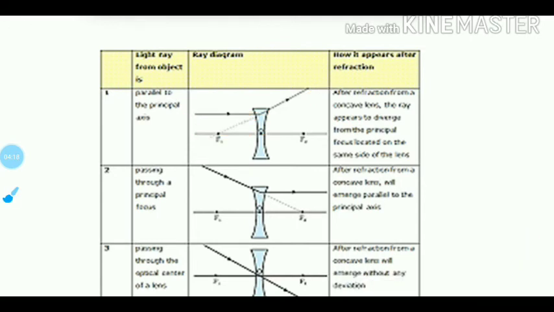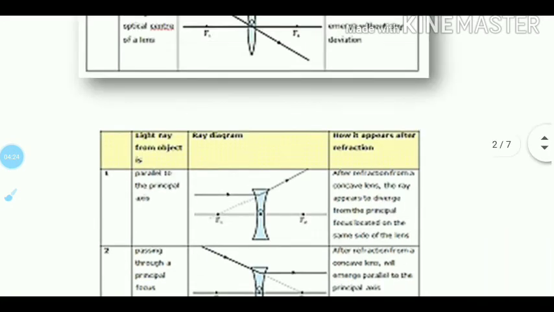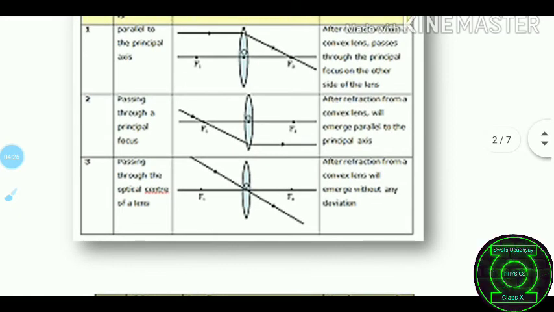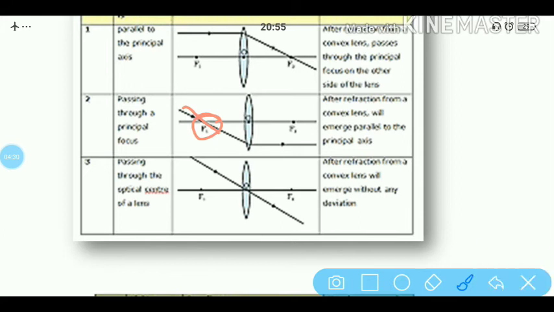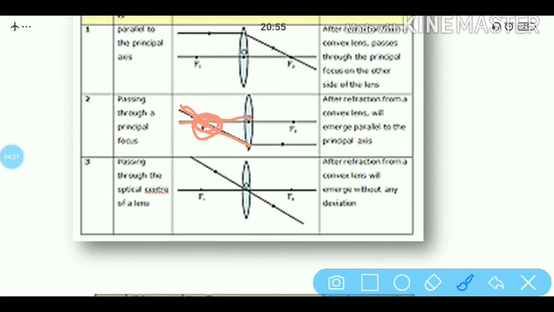Now the third condition, a ray of light passing through the first focus. So this is the ray, this is the first focus, this is our principal axis. This is the ray of light which is passing through this first focus.